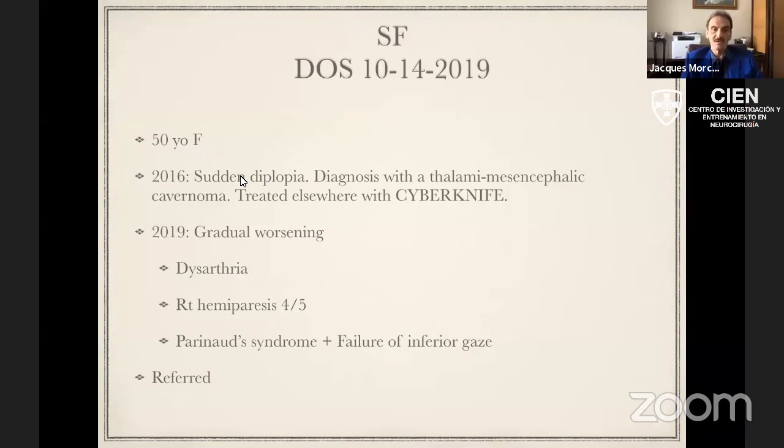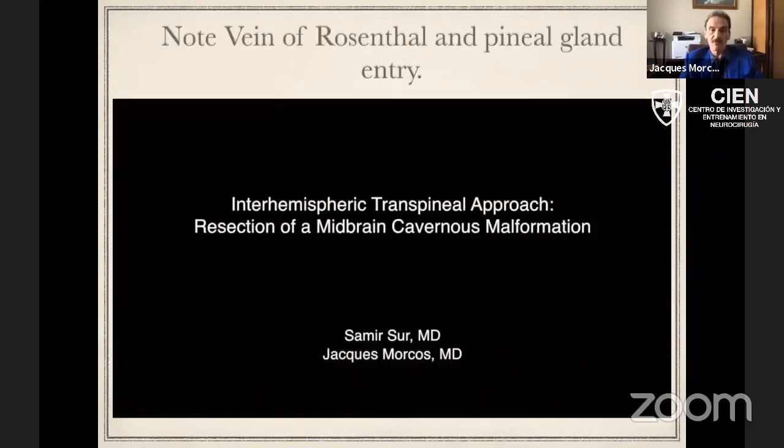She's 50. She had sudden diplopia in 2016. Elsewhere, she was diagnosed, treated first time with CyberKnife radiosurgery. She gradually worsened. Now in 2019, dysarthric right hemiparesis, Parinaud syndrome, failure of inferior gaze. She was then referred to me.